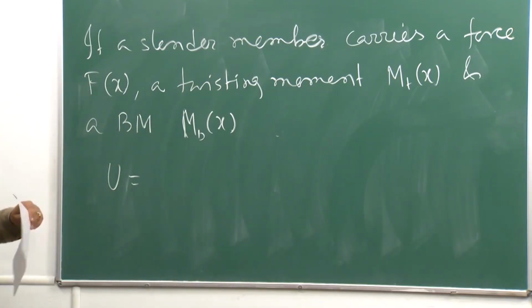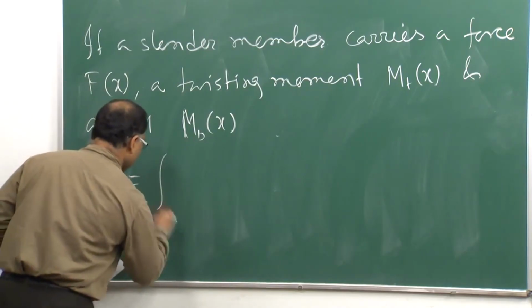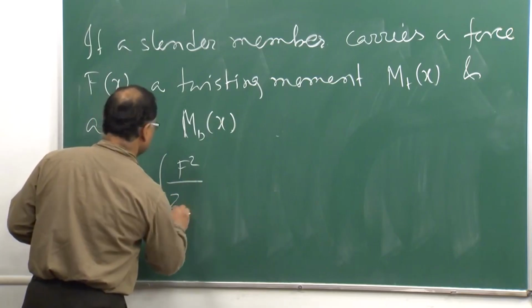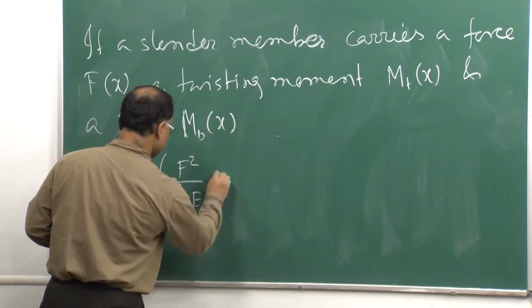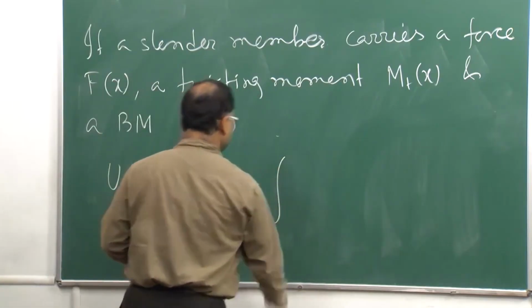we have got one by one, right, when the axial force is there, when the torsion is there, when the bending moment is there. Now, if we have all types of loading on a particular slender member, then the strain energy will be the addition of all: integral of L F square by twice AE dx, along the x direction.